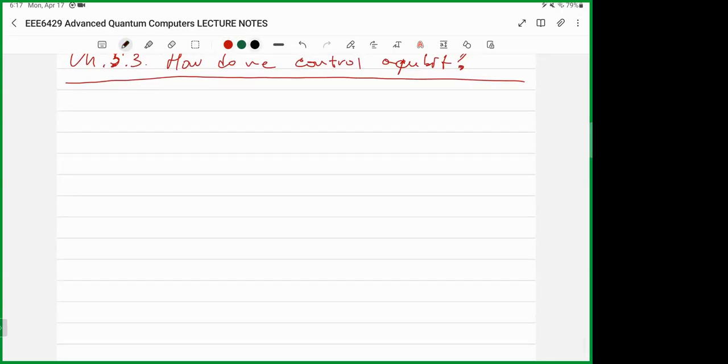As we discussed, one of the most important parameters of most qubits is the dipole moment, and the existence of this dipole moment means that the qubit is sensitive to the electromagnetic field. This dipole moment can be electric or magnetic.